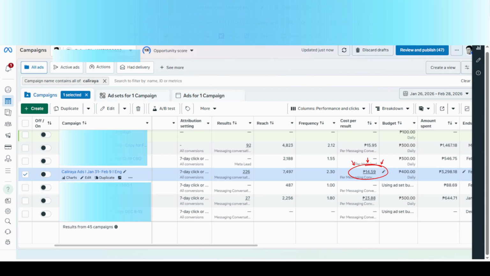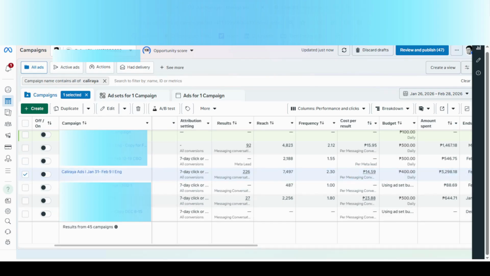The reason behind too high is poor targeting, low ad relevance, or a weak offer. To solve that, if it's more than 80 pesos, improve your offer, adjust the audience, test new creatives, and optimize the messaging flow. Okay, so move on.